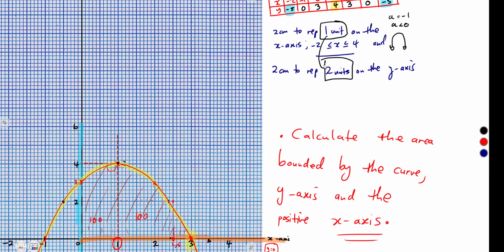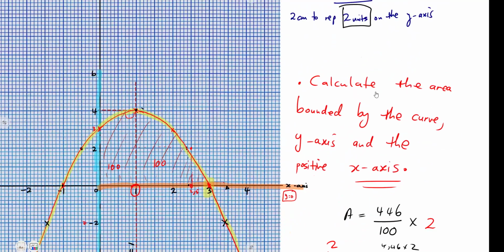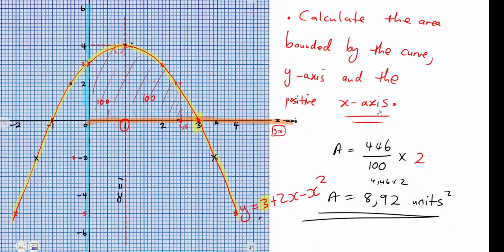So you multiply 1 times 2, that is 2 square units. You have the area of the unit square. So that's basically for area.